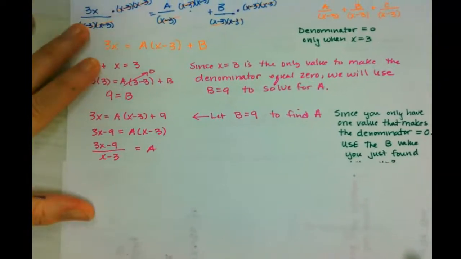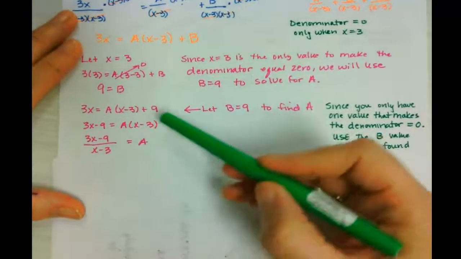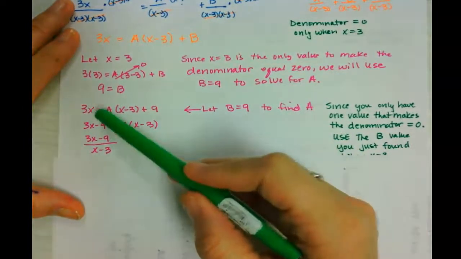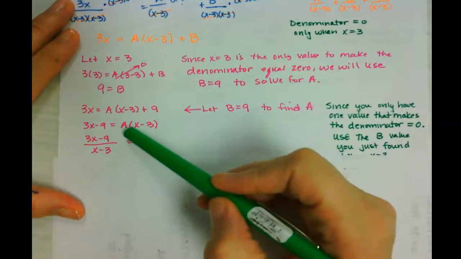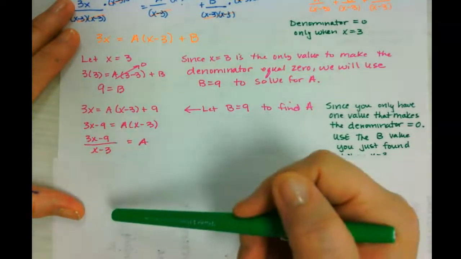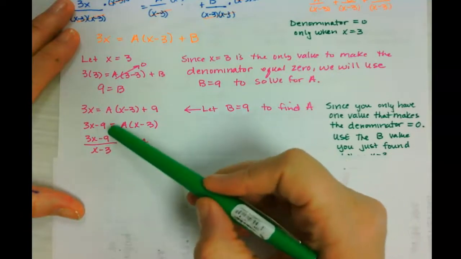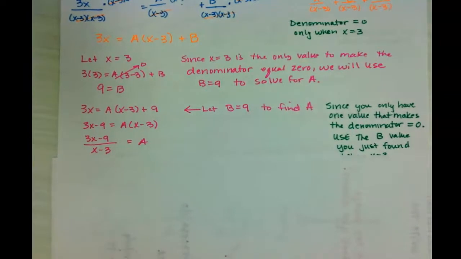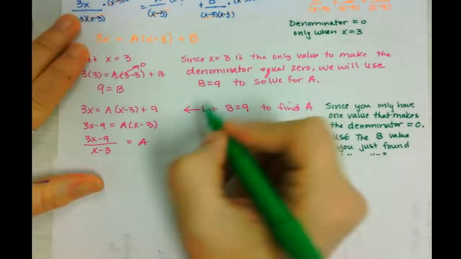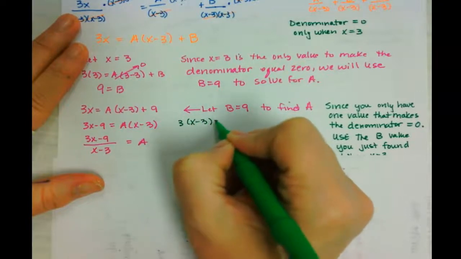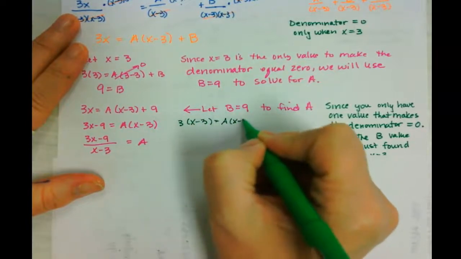So here's a technique I want to point out because this kind of pops up a lot. Can you see when I put in my 9, then I'm going to move the 9 to the other side, and then I'm trying to solve for A. Well, what do you notice that these guys right here have in common? They have a 3 in common. I could pull out a 3, and then I have 3 times x minus 3 equal to A times x minus 3.